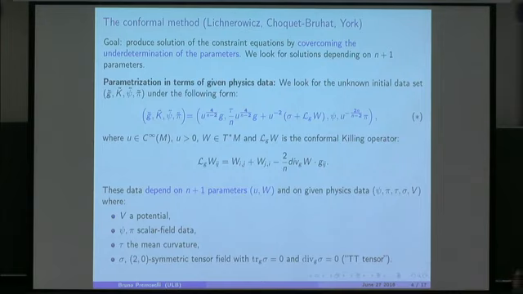For us, the physics data will be two functions psi and pi, which will account for scalar field data, a potential V, a function from R to R, a function tau, which will play the role of a mean curvature, and a symmetric, traceless and divergence-free bilinear form, the TT tensor that Bern mentioned this morning. This bilinear form somehow plays the role of a gauge choice.